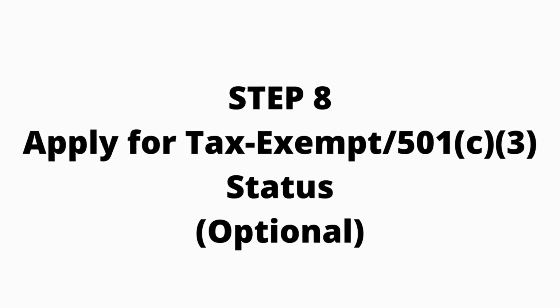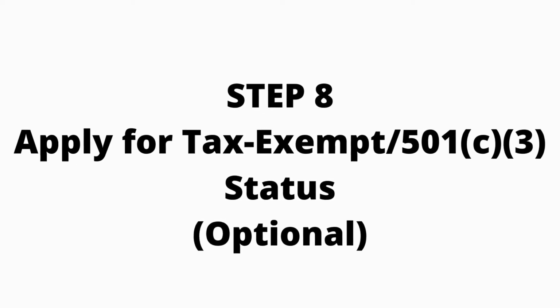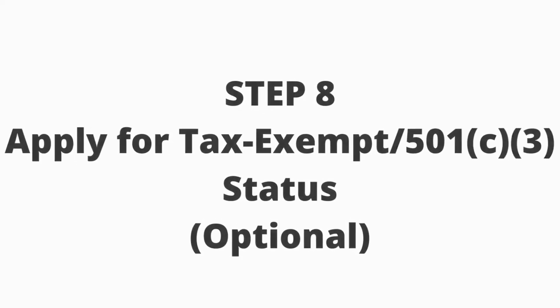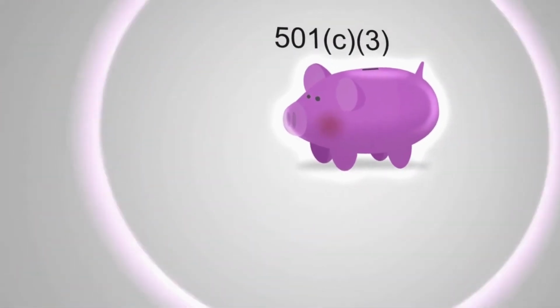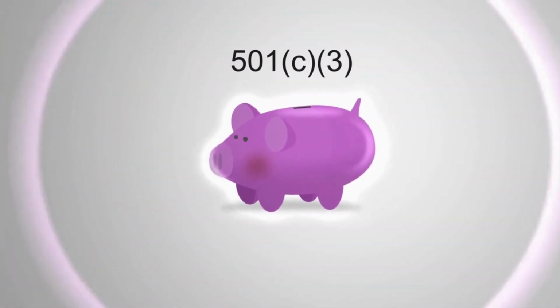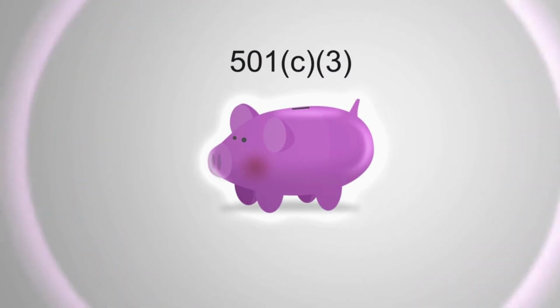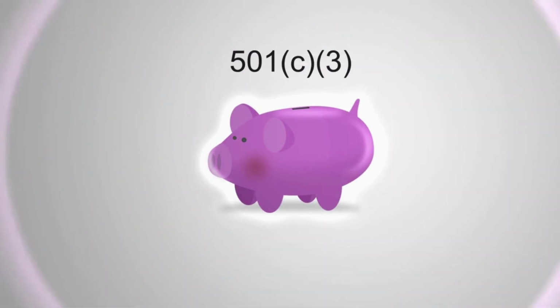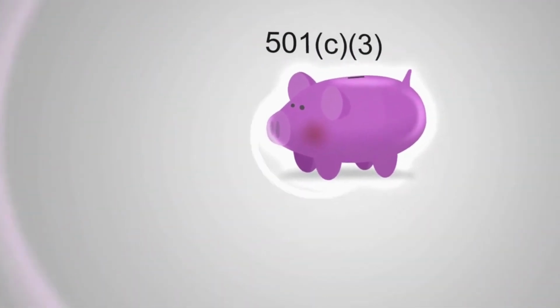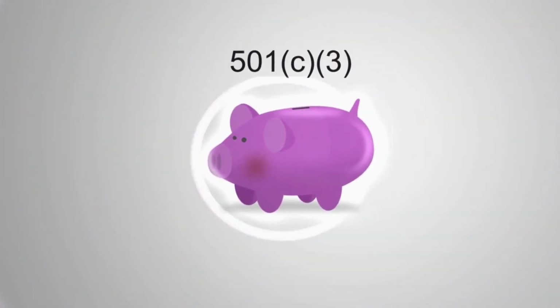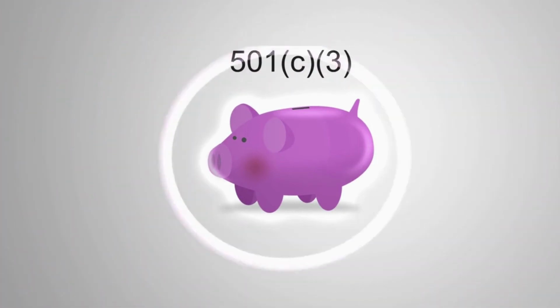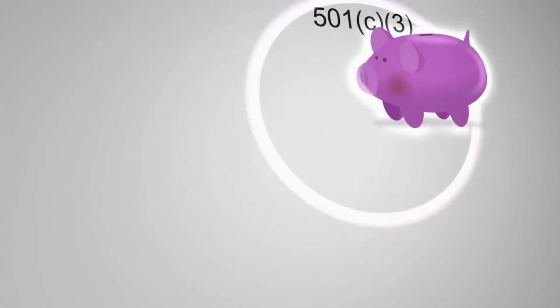And step 8, apply for tax-exempt or 501c3 status. While this step isn't a requirement for all nonprofit organizations, if your organization brings in a certain level of revenue, it may be. So again, be sure to do your research to determine if applying for tax-exempt status is a requirement for your organization.